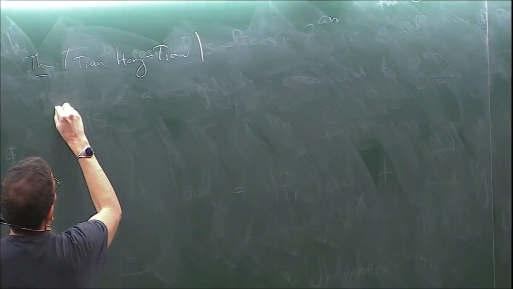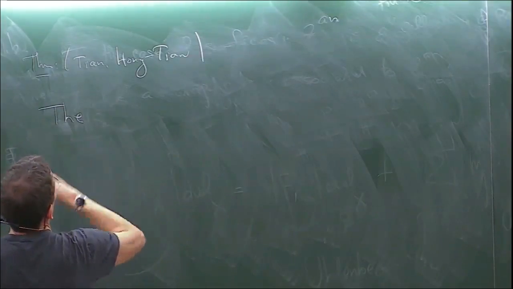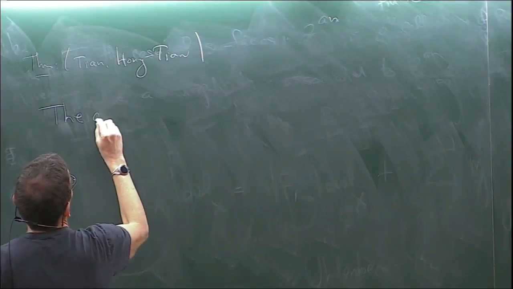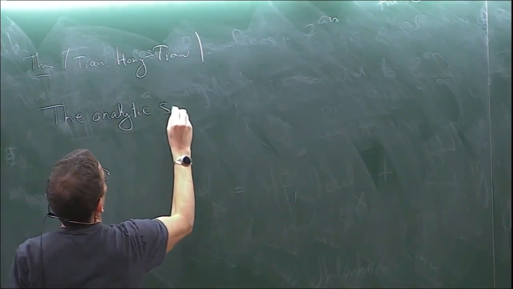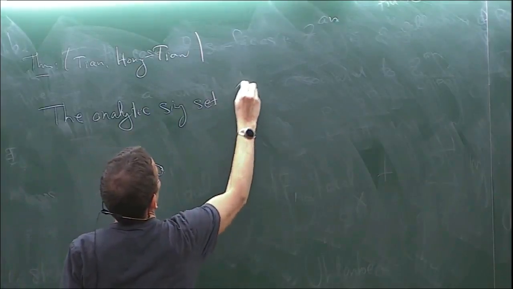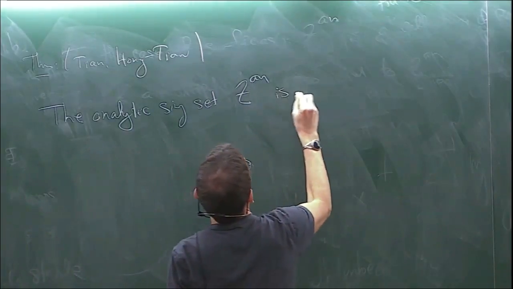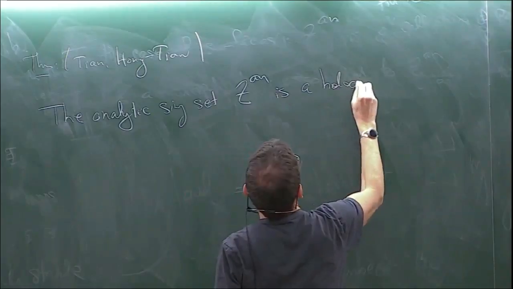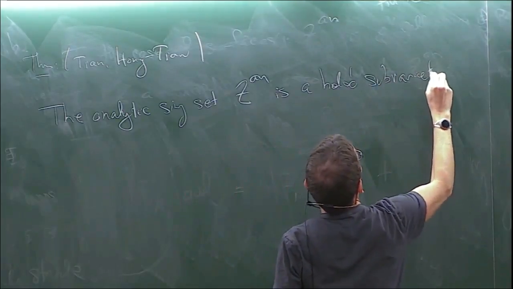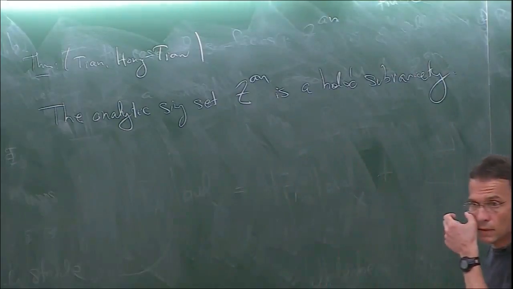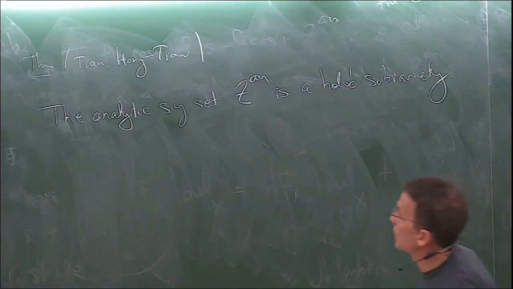So the theorem, I'll just paraphrase a little bit, is that the analytic singular set is a holomorphic subvariety. It's completely non-obvious from the way that I've defined it.